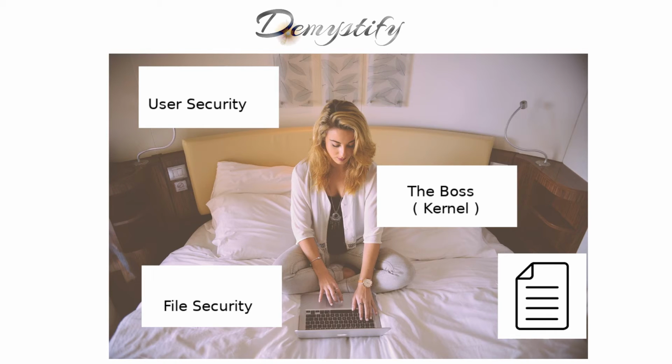But basically you're going to have to pass file level security and user level security, and the boss needs to decide everything is okay for you to interact with that file.